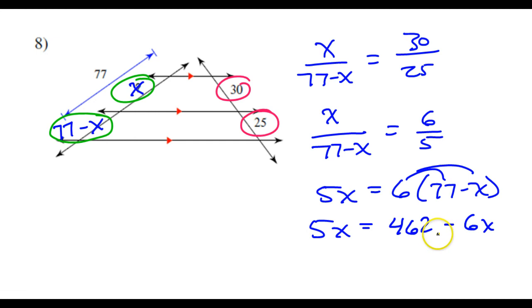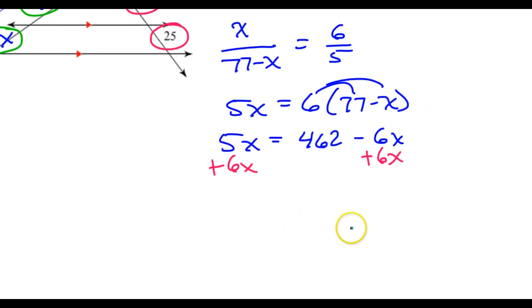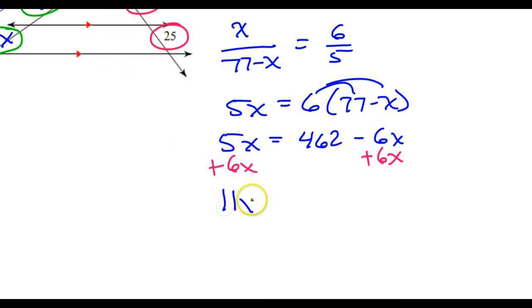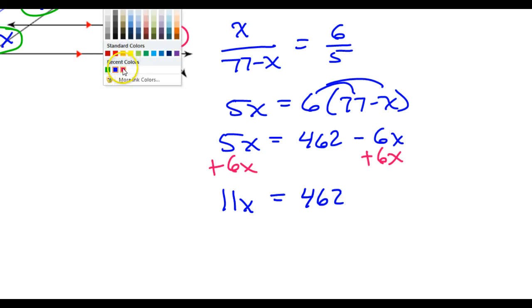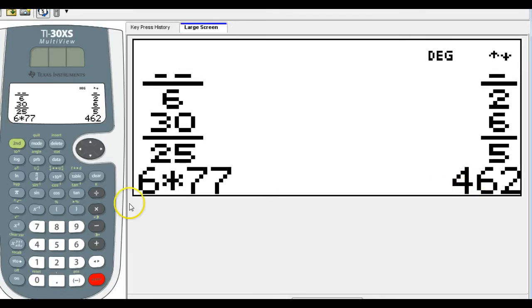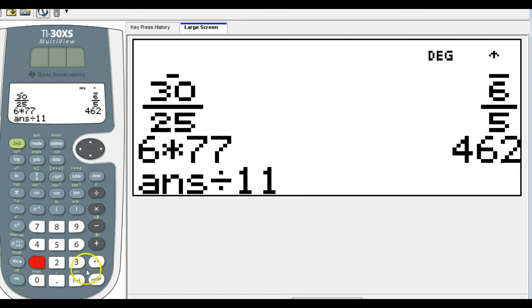When you have a variable on both sides, the first thing you want to do is get those together, in this case by adding 6x to both sides. Okay, so that's going to give me 11x is equal to 462. So then we would divide both sides by 11. Okay, we already have the 462, so I can just go divide it by 11, and that's 42.